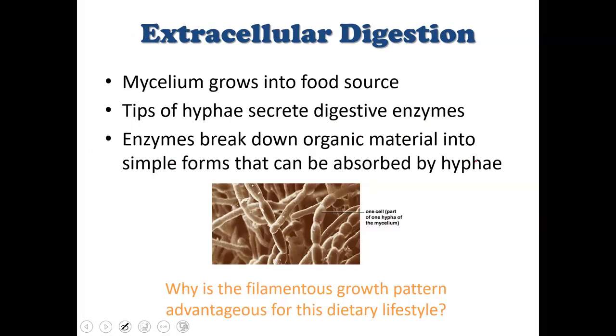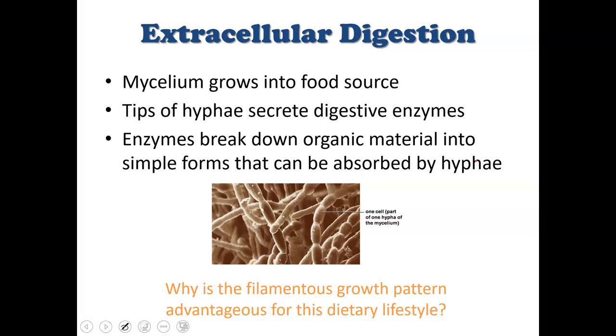Right, now this body shape is actually quite advantageous in terms of the fungi's lifestyle. Right? Because they're growing into the food that they're eating, and because they are absorptive heterotrophs, having a fibrous body plan is advantageous.